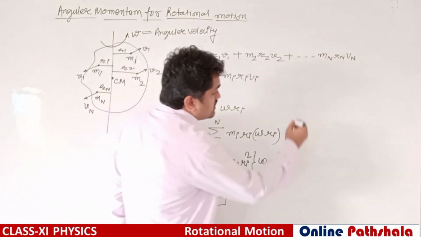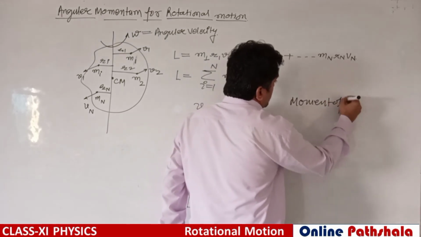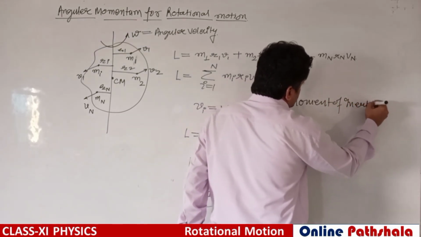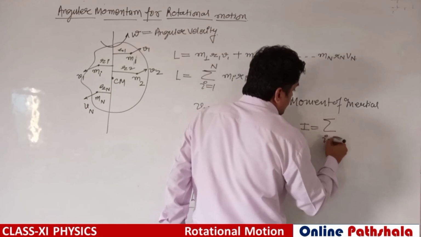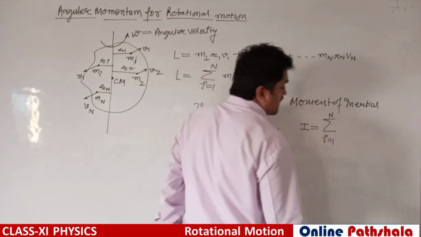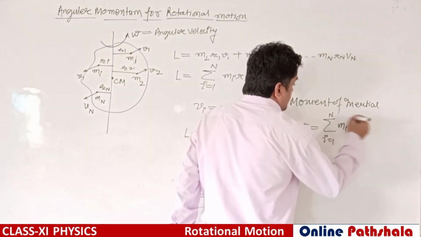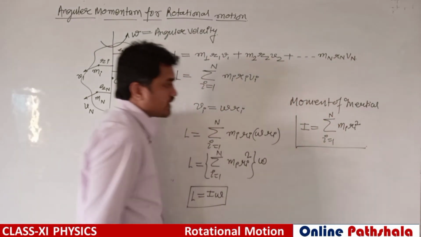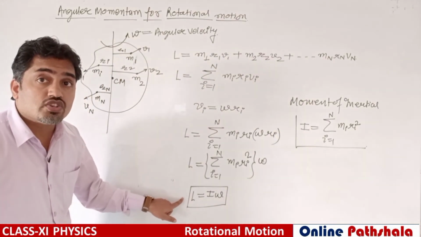What is the moment of inertia? Moment of inertia I is equal to summation i from 1 to n of mi ri square. You know very well. So this is the angular momentum for rotational motion.